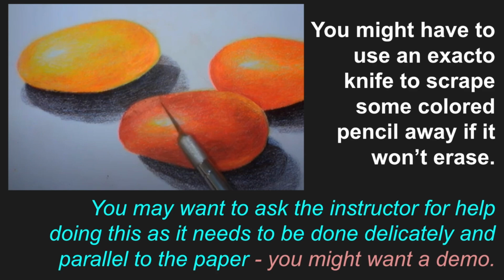I'm going to explain right now that you take the X-Acto knife and you have to hold it very parallel to your paper in order to scrape the color off without cutting the paper. If that doesn't make sense to you, please see your instructor so that they can show you what they mean in order to use this technique if you've accidentally put too much color in an area and it will not erase.